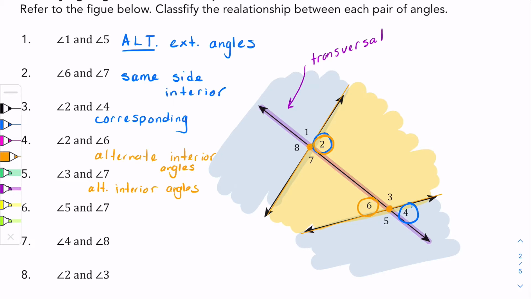Those are called corresponding angles. Angle 4 and angle 8, both in the shaded blue region, which means they're exterior. They are on opposite sides of the transversal, so those would be considered alternate exterior angles.